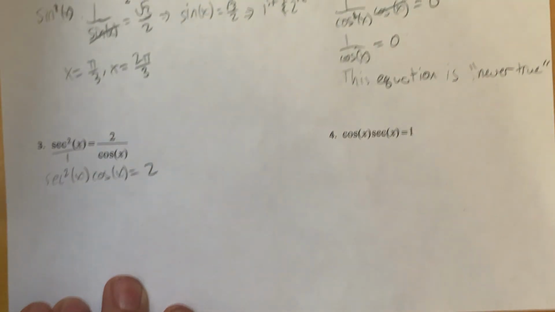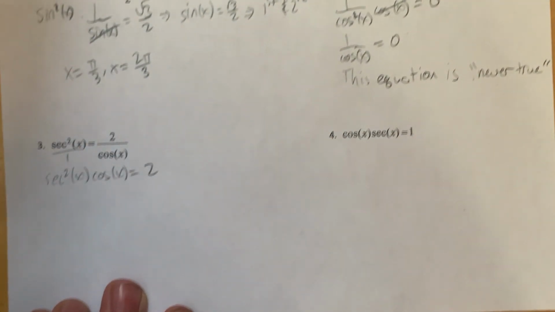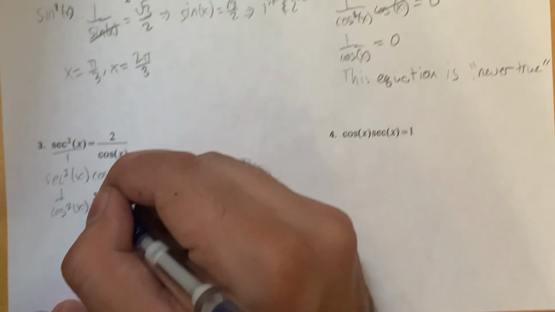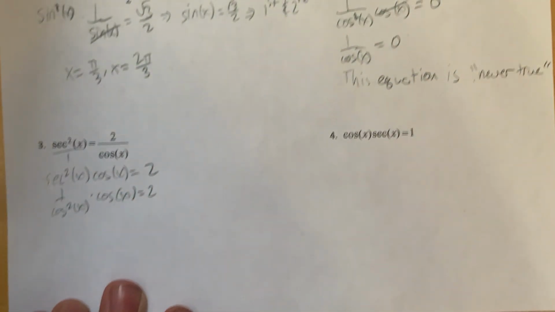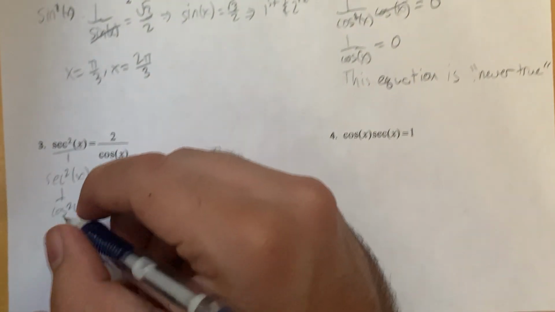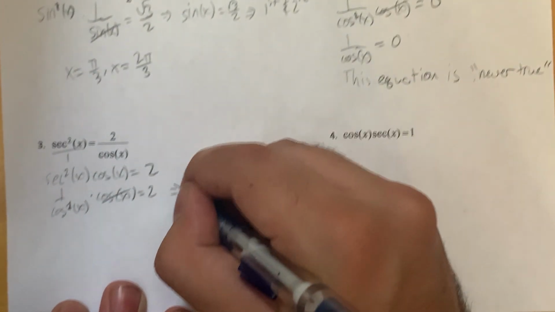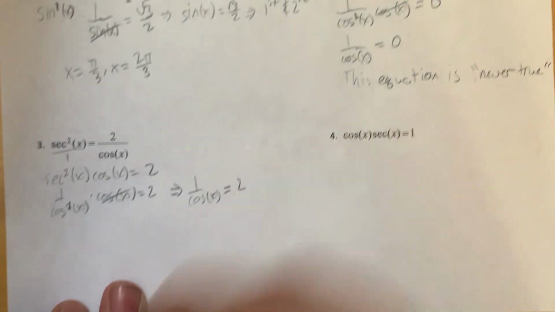So now, what do we know about secant squared x? It's 1 over cosine squared x, times cosine of x, which also equals 2. So that cancels. This changes to a 1, and I'll get 1 over cosine of x equals 2.